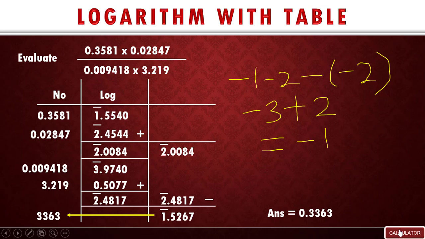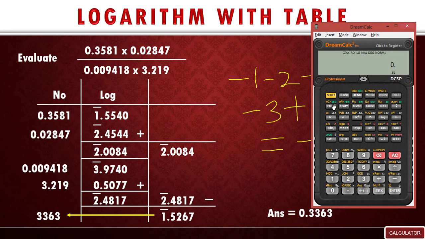Okay, we can try to cross check our answer to see if we are correct or not. So to do that, put it through your calculator and let's dial the value: 0.3581 multiplied by 0.02847, and then press equals first and press divide.